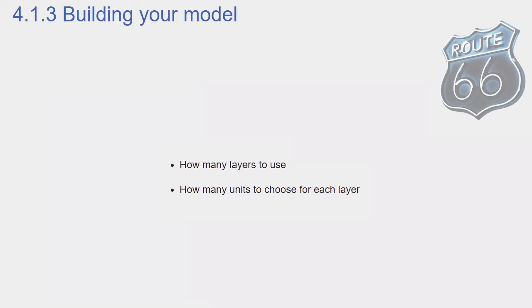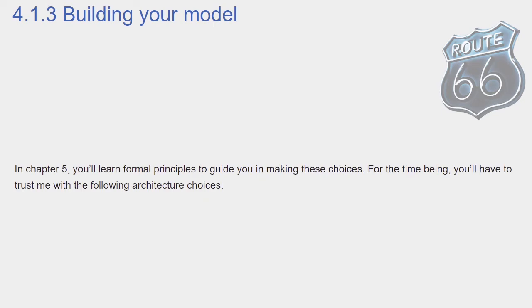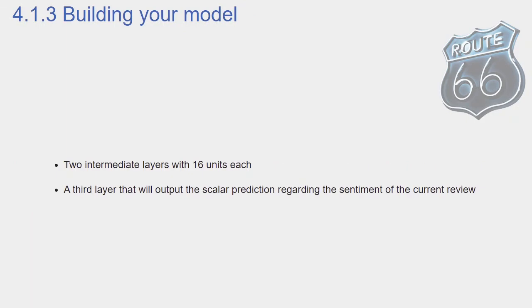How many layers to use? How many units to choose for each layer? In Chapter 5, you'll learn formal principles to guide you in making these choices. For the time being, you'll have to trust me with the following architecture choices. Two intermediate layers with 16 units each. A third layer that will output the scalar prediction regarding the sentiment of the current review.